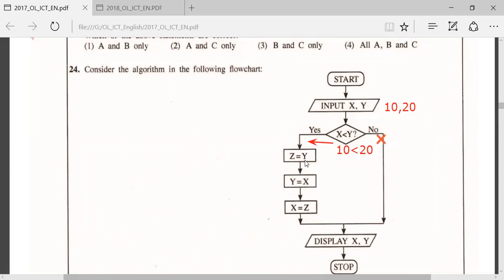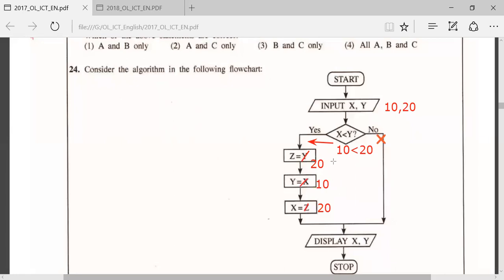Z equals y, so the current value of y is 20. Y equals x, the current value of x is 10. X equals z, the current value of z is 20. So I can remove these.